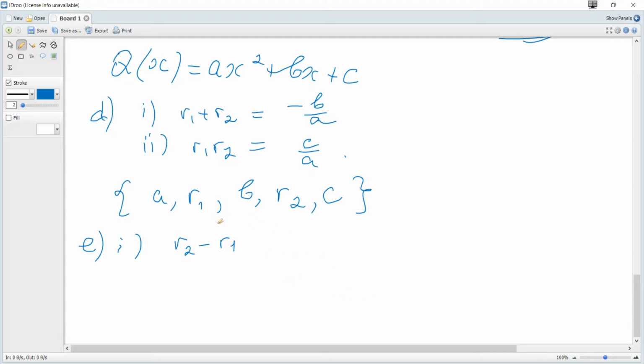And since there is only 1 mark, it must be easy. So since these 5 values are in arithmetic sequence, we can use the same common difference, so we can say that b minus r1 is r2 minus b.